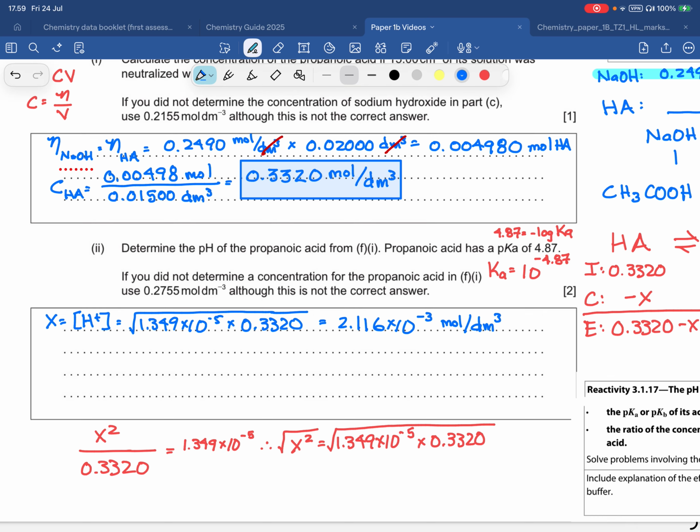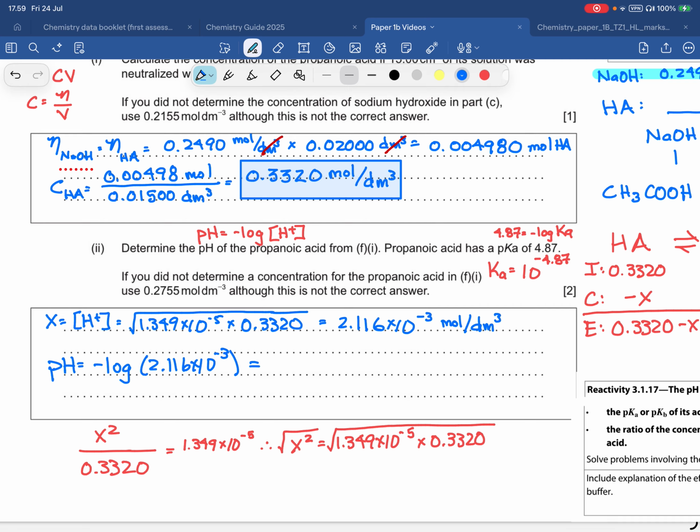Now, that doesn't get me the pH, of course, because remember, pH is the negative log of the hydronium. So, pH is going to be equal to the negative log of 2.116 times 10 to the negative 3.